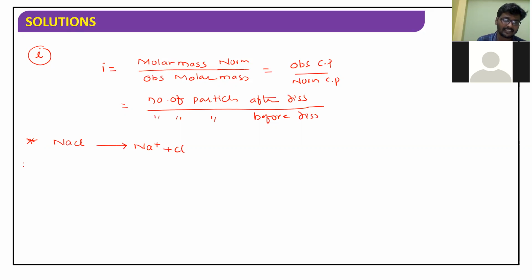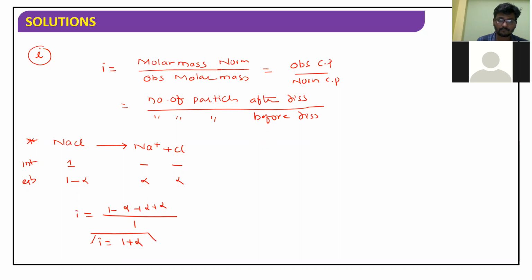Consider initial moles: this is 1, this is 0, this is 0. After some time, at equilibrium, the moles are 1 minus alpha, alpha, alpha. Now i is equal to number of particles after dissociation by 1, that is 1 minus alpha plus alpha plus alpha, so we can write 1 plus alpha.